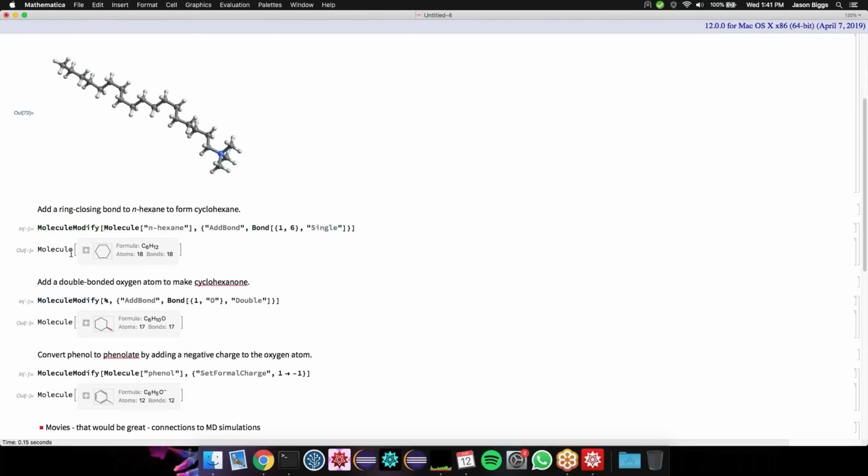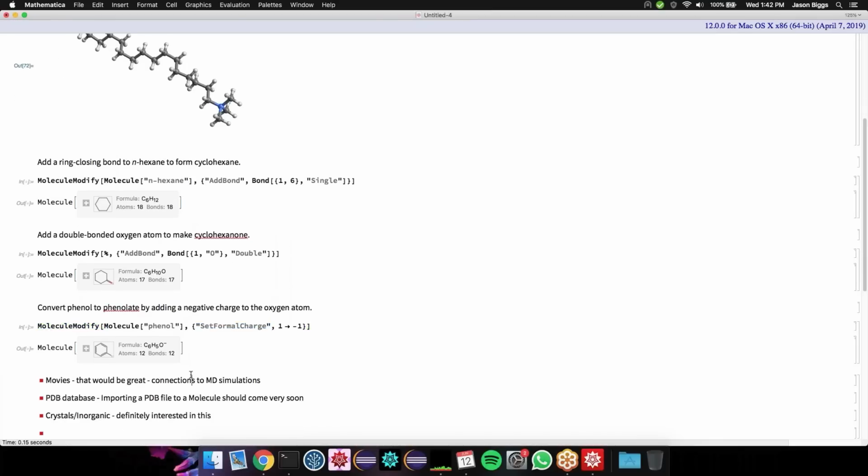You can then take that cyclohexane and add a bond from any of them to an external oxygen, and so you can create a cyclohexanone. You could also set a formal charge. A lot of these are spelled out more in depth in the new version 12 marketing page.